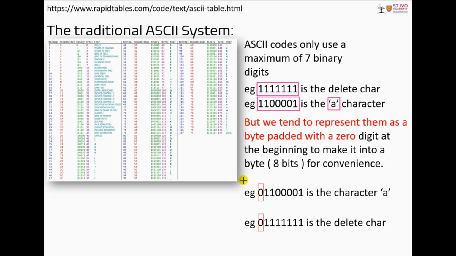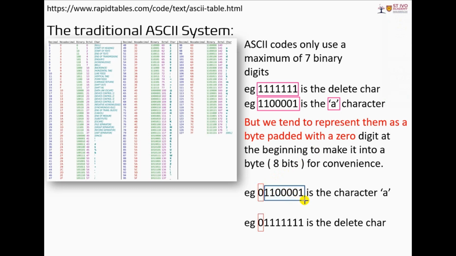In your OCR computer science exam, you may well see something like this, where the character A, of course, has active digits being used in ASCII, which are these ones here.